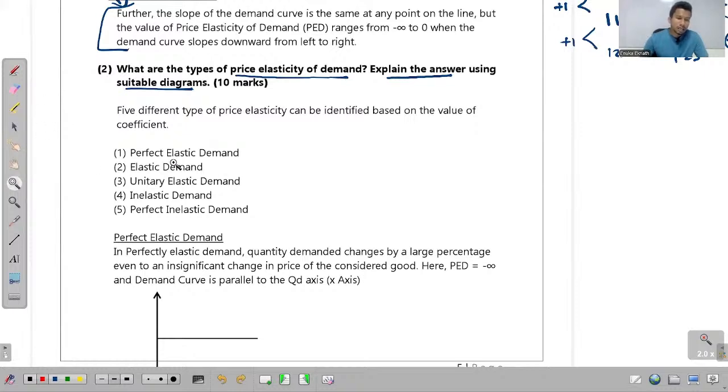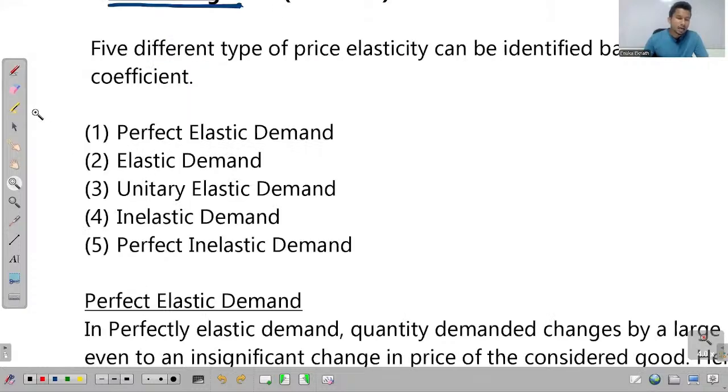The first one is perfectly elastic demand, and that's where we get minus infinity for PED. The fifth one is perfectly inelastic demand, that's where we get 0 for PED. Third one is unitary elastic demand, that's where we get minus 1 for PED.